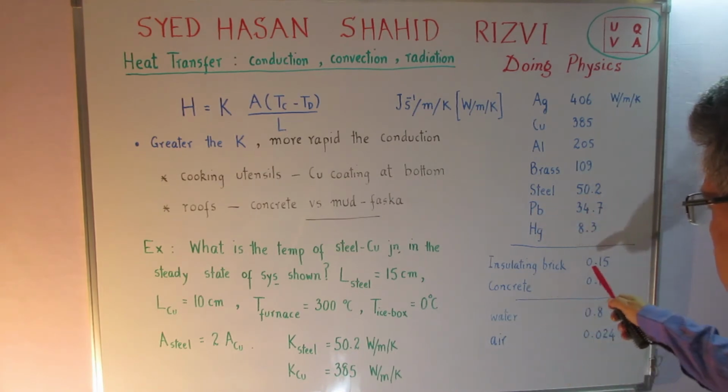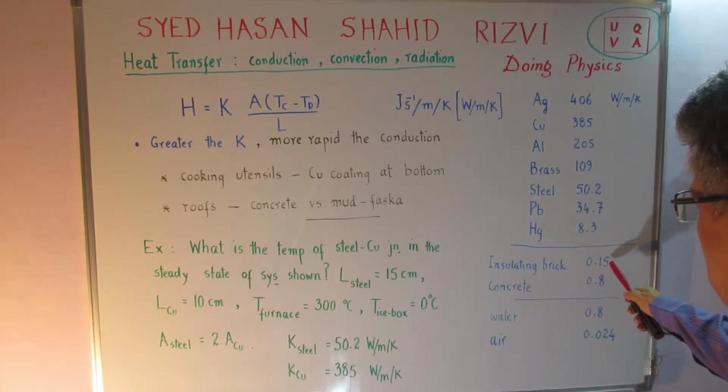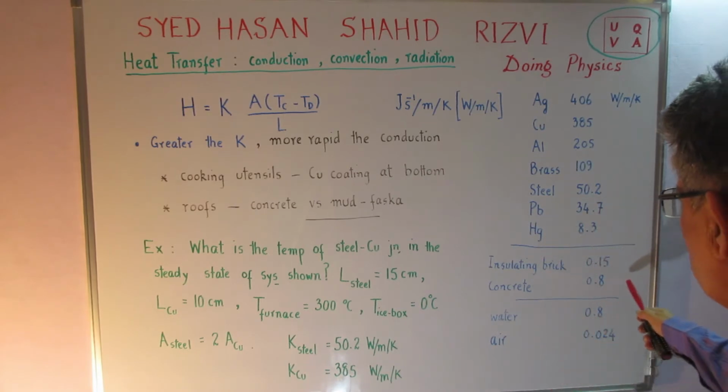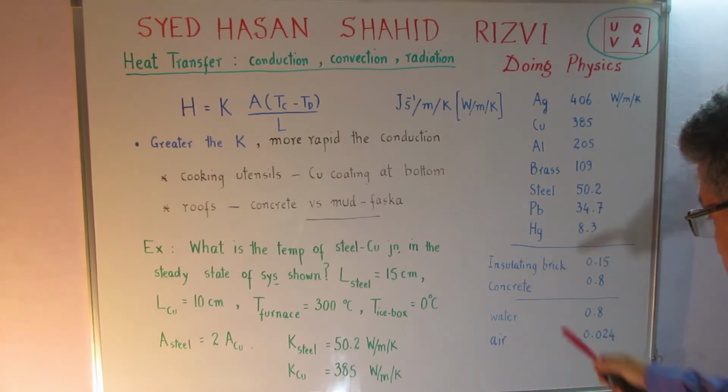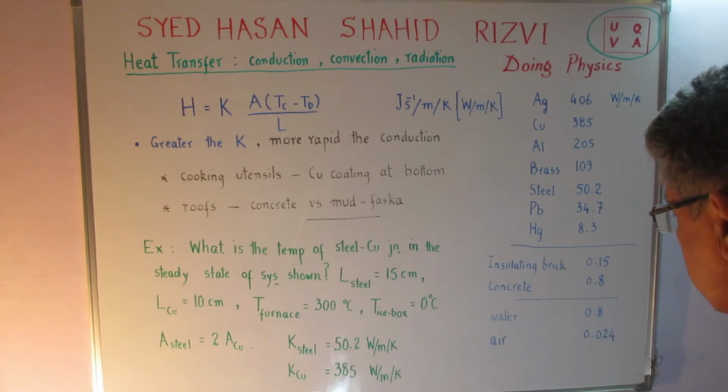Then insulating brick is 0.015, concrete is 0.8, which is more as compared to the insulating bricks.